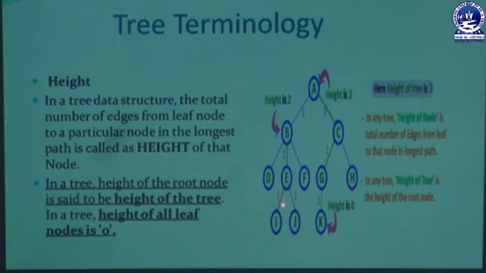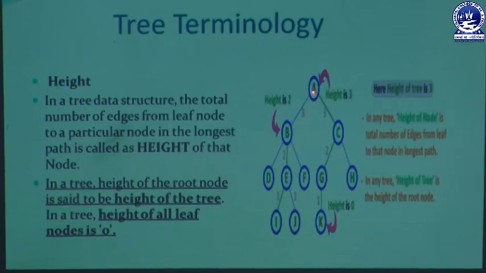If I ask the height from I to B, what is the longest path between these two? The longest path is 2. So we can say the height of B, from B to I, is 2.